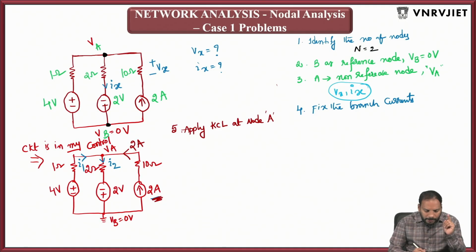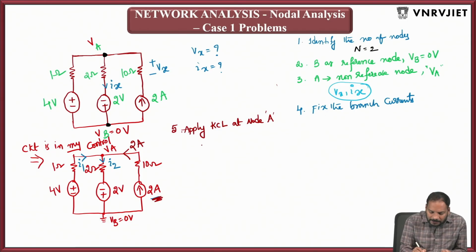That means the currents I1 and I2 I have given, right? The same direction should be fixed until you arrive at the solution. You should not change the direction of I1 and I2 because now we are going ahead for the KCLs by considering the directions of I1 and I2. If you try to change them in the middle of the problem, then compulsory the problem goes wrong. So this is a precaution you have to take in case of I1 and I2.